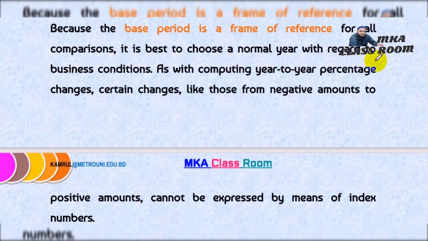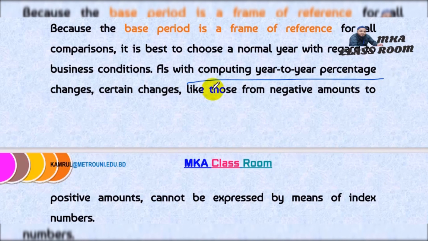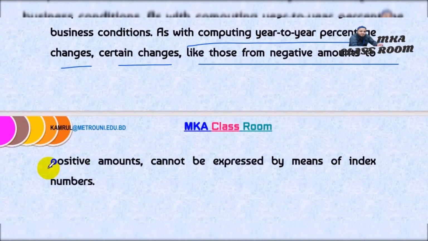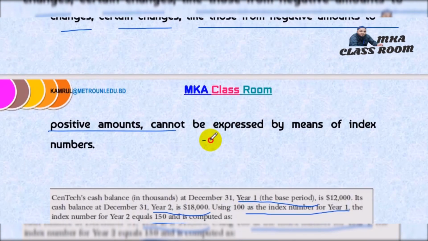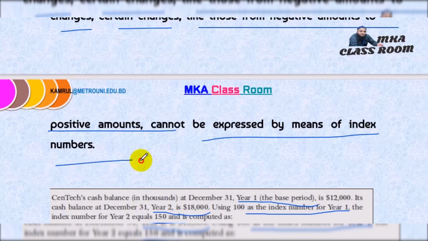Now in normal years, with regard to the business conditions, as with computing year to year percentage changes, certain changes like those from negative amounts to positive amounts cannot be expressed by means of index number.